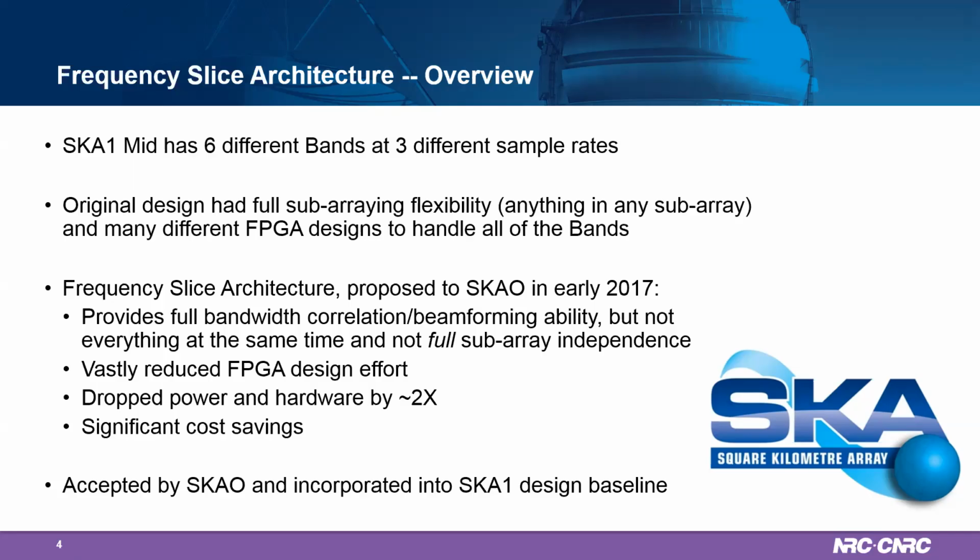So this led to a very complicated and expensive correlator, and the frequency slice architecture was proposed to the SKA office in early 2017 as a way to save some cost. And it still provides the full bandwidth for correlation and beamforming, but not necessarily everything at the same time, and not with complete subarray independence.